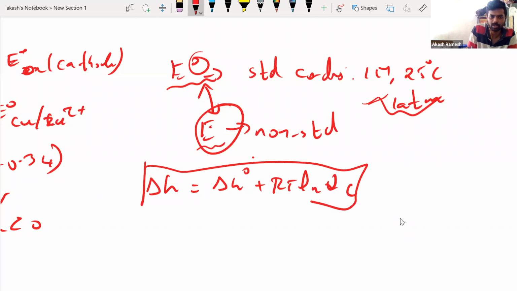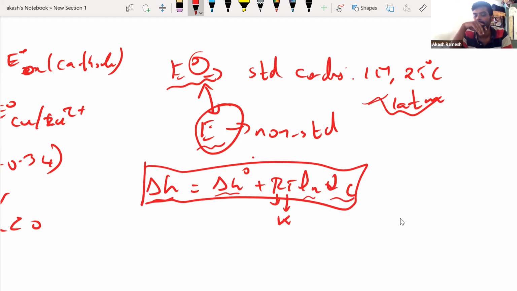Do you remember this equation? Anybody remember this equation? Okay, a little bit, correct. So delta G is your non-standard Gibbs free energy. This is the standard Gibbs free energy. R is the universal gas constant. T is the temperature in Kelvin. Ln is the natural logarithm. What is QC, guys?